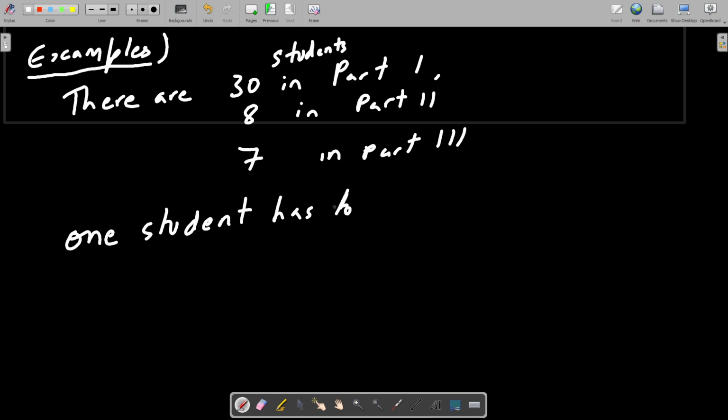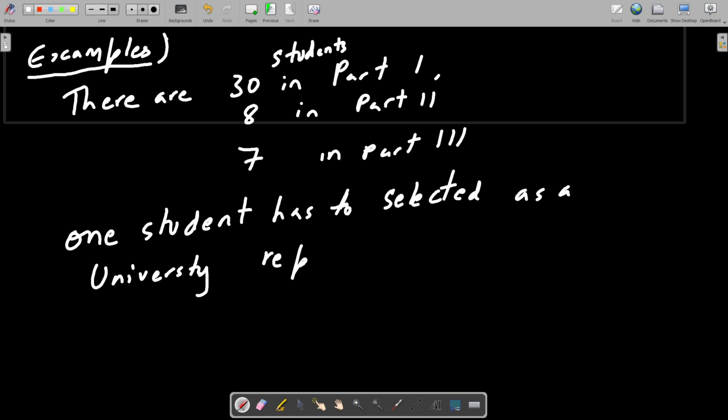One student has to be selected as a university representative.